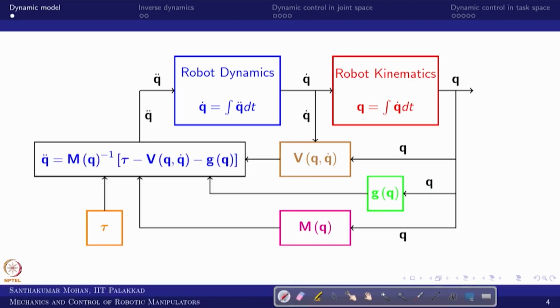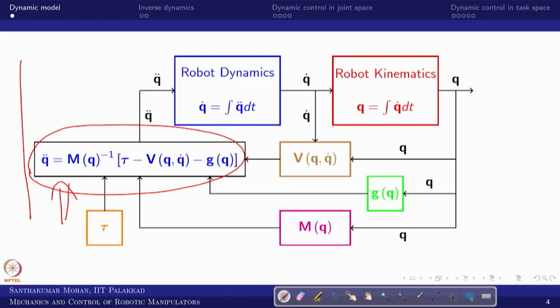So what we can do is find this q double dot from this particular equation. This is the equation which we derived as the equation of motion, written with acceleration on one side. This is what we call the robot dynamic model in block diagram approach.